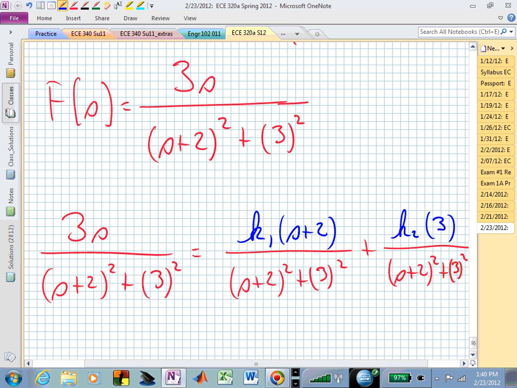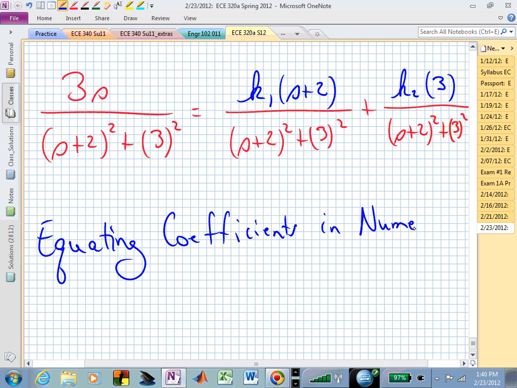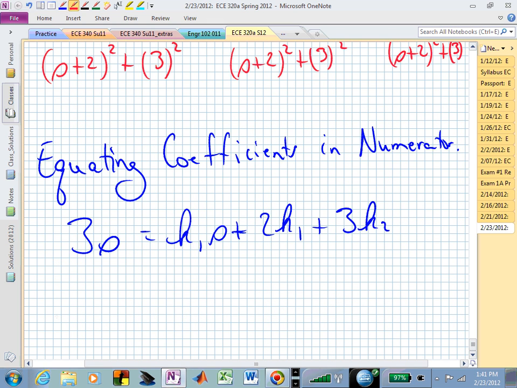So now we're looking at the numerator. We're equating coefficients in the numerator. And we have 3s is equal to K1s plus 2K1 plus 3K sub 2. If I equate my coefficients of, well, let me do it the other way since it's quicker to fall out that way.